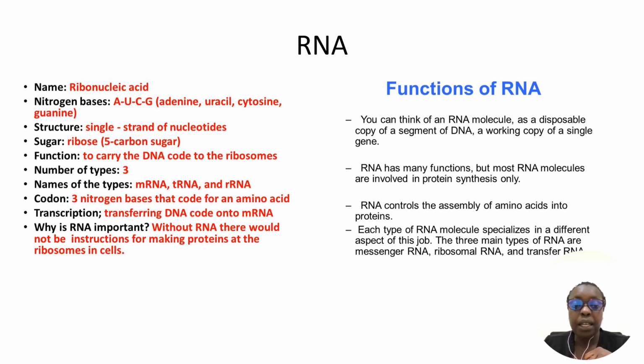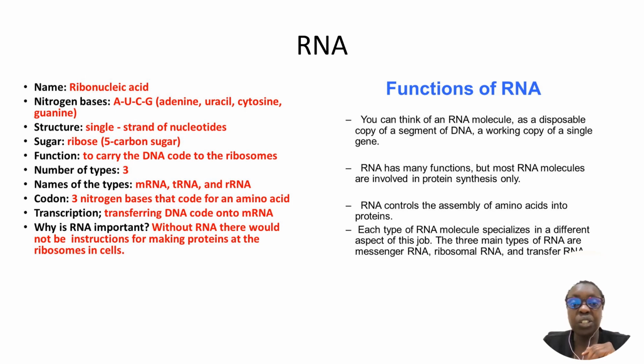Now, the information that is contained in DNA in the form of AGCT is able to be translated from AGCT to the protein language by the ribosomal RNA. And so the processes of transcription and translation mainly involve the RNA.